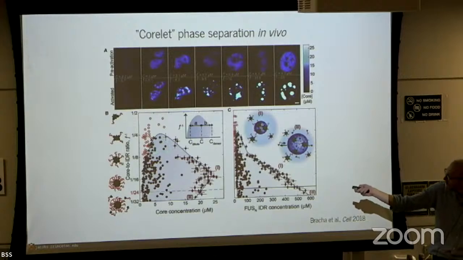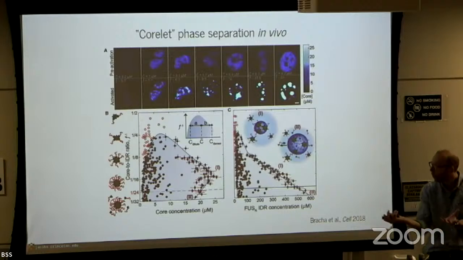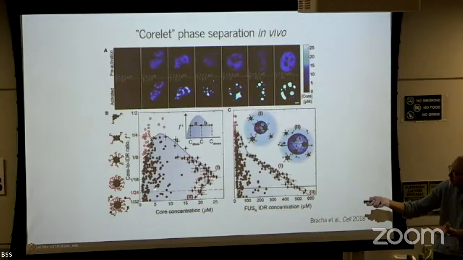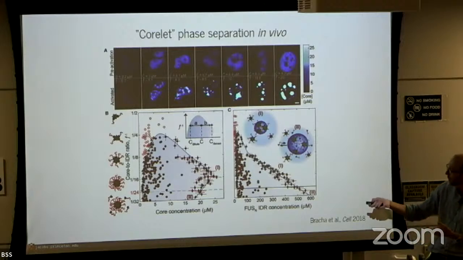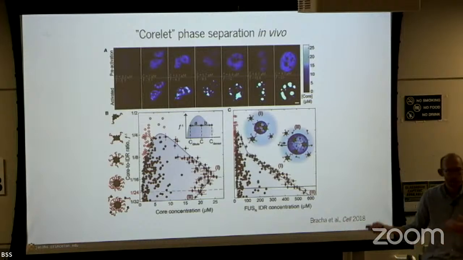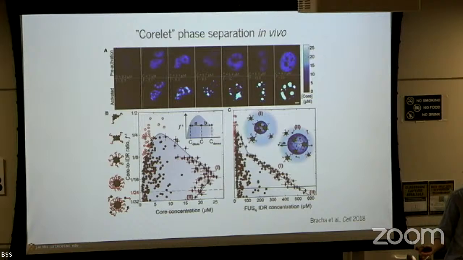And you can see that as you approach roughly this point where you've saturated the entire surface of this core with 24 IDRs, you follow this picture that looks qualitatively like what we have for this weak binding association regime. So you can actually fit that in this way. This is a really nice demonstration, and being able to measure phase diagrams in cells that are currently alive is very cool.